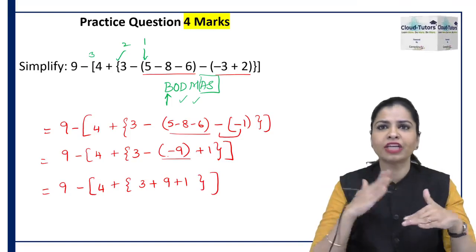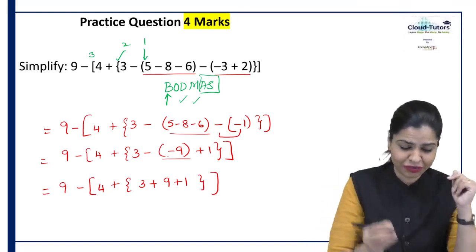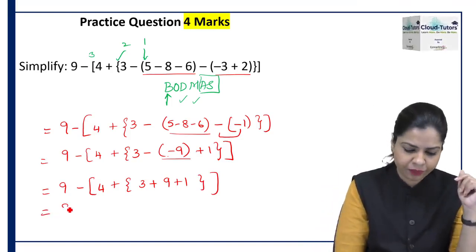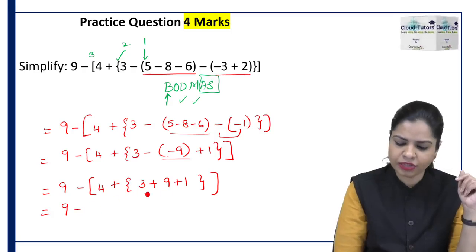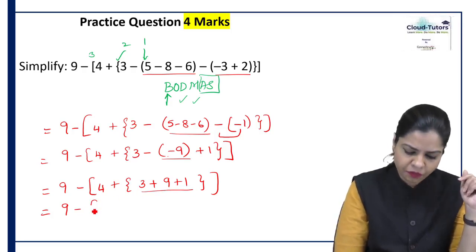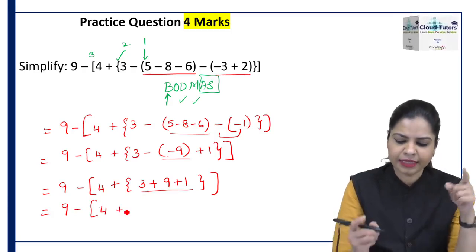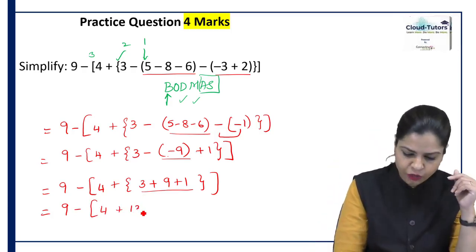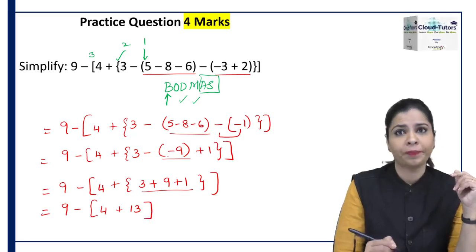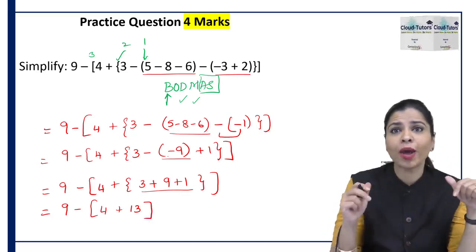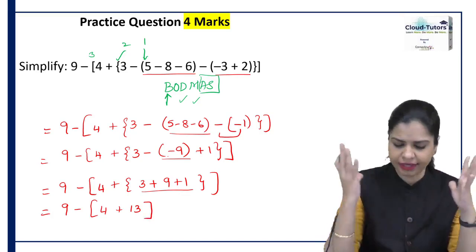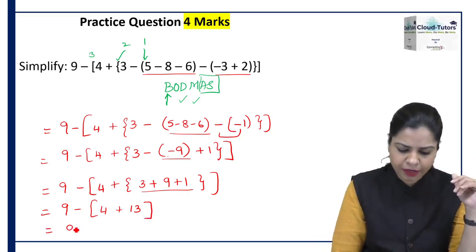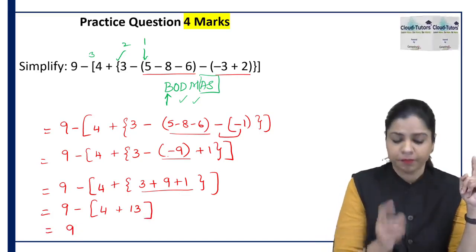Now the next priority goes to which bracket? Absolutely right. Flower bracket. So 9 minus, let's do the operation here. 4 plus 9 plus 1, 10. 10 plus 3, 13. Now do I need to write the brackets? No. Now moving to the square bracket. So now 9 minus is out.